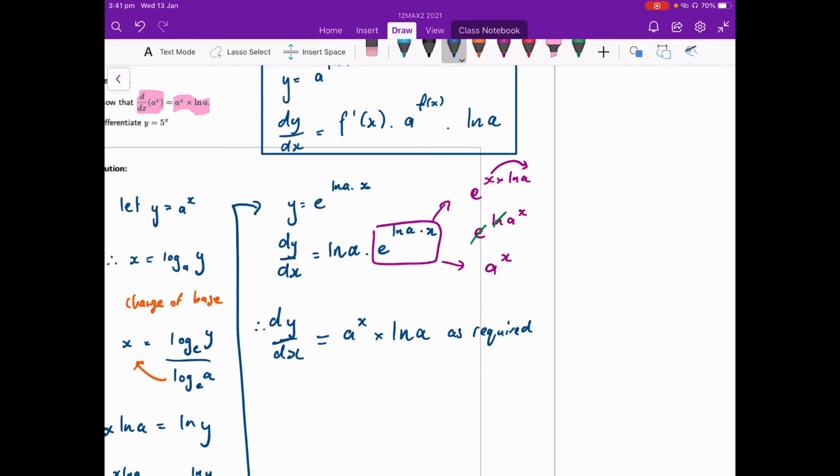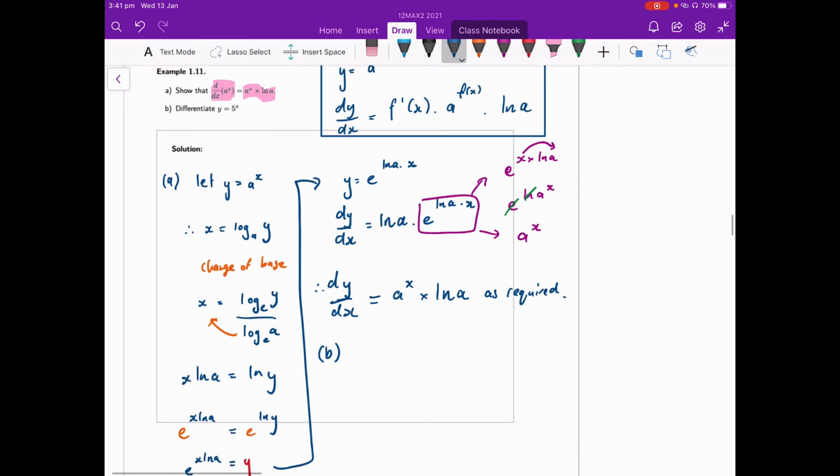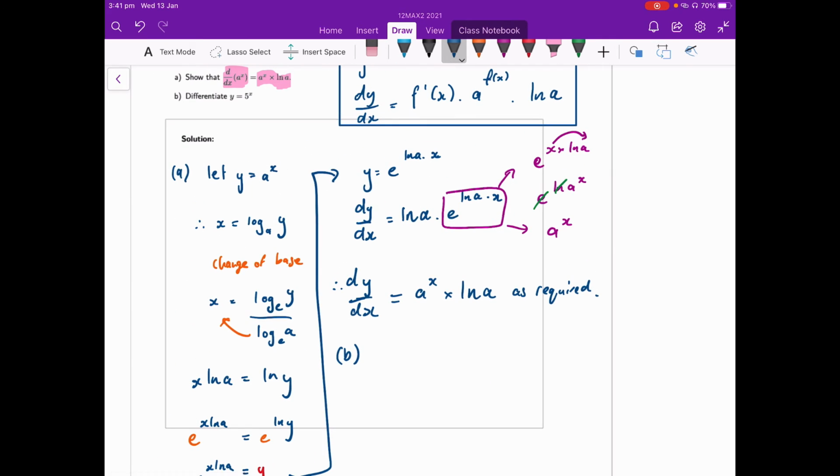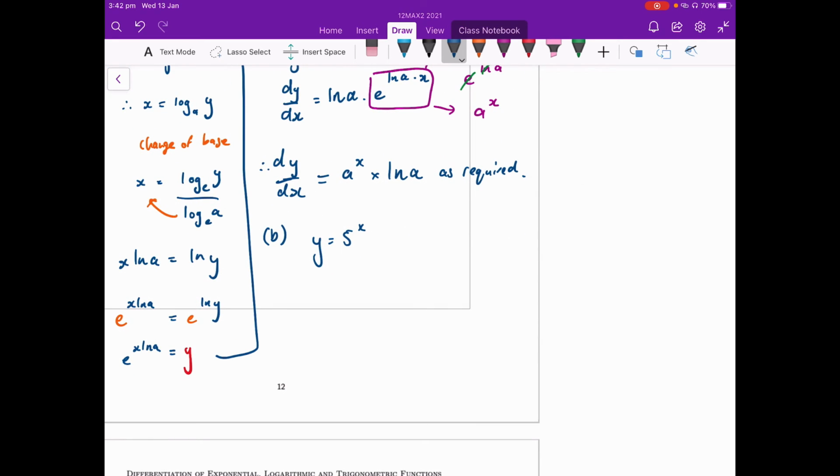Okay, so let's have a look at question B. We've got a numerical expression: y equals 5 to the x. Let's apply what we've learned there and see how we go. The very first thing to do would be to rearrange this so I get x as the subject. So here I'll go x is equal to log to the base 5 of y.